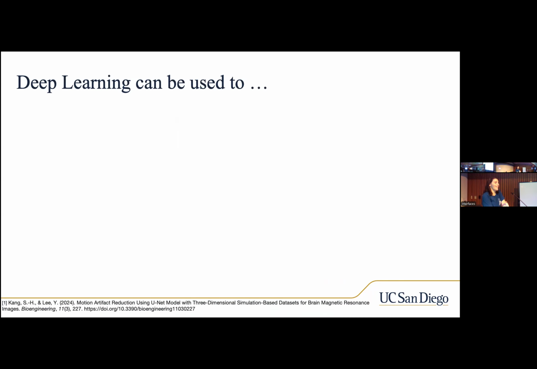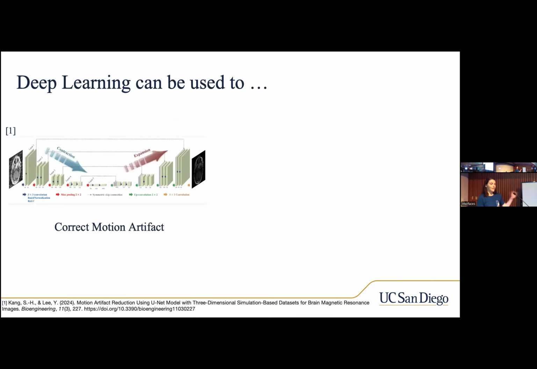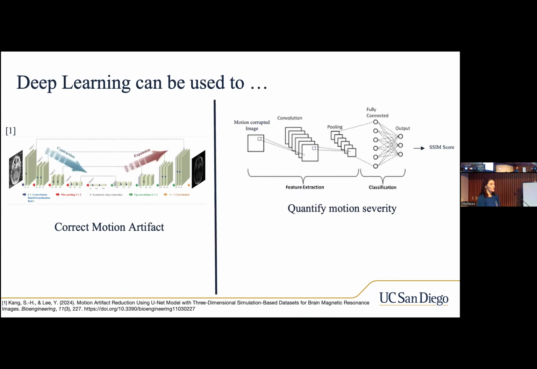So deep learning is the hot new thing right now. And it too can be used to help correct for this, but there's a bit of a caveat. So it can correct for motion artifact. We're also supposed to show that it can do a pretty good job of quantifying motion severity. So why might we want to do that? Well, maybe we can't correct the motion, but it can tell the technician that they need to repeat the scan.